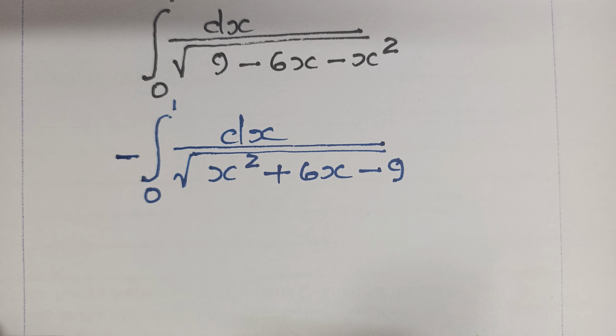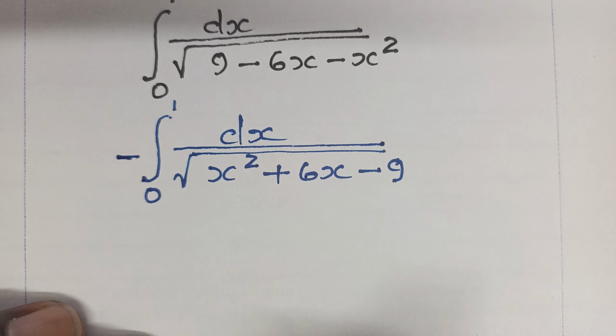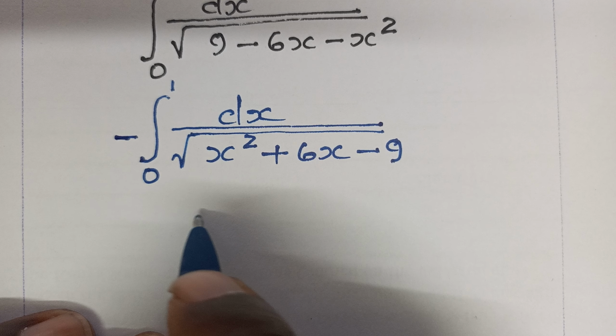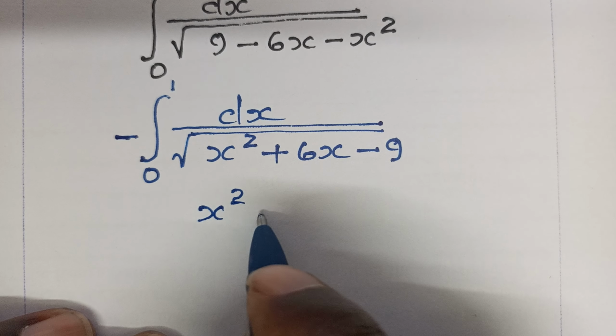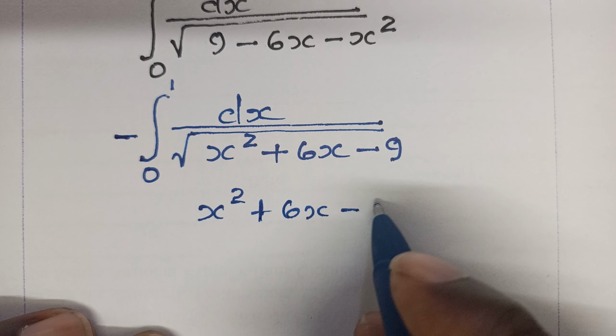From there, guys, we are going to complete the square for this. We can come out of the integral and now come to this term, that is x squared plus 6x minus 9.